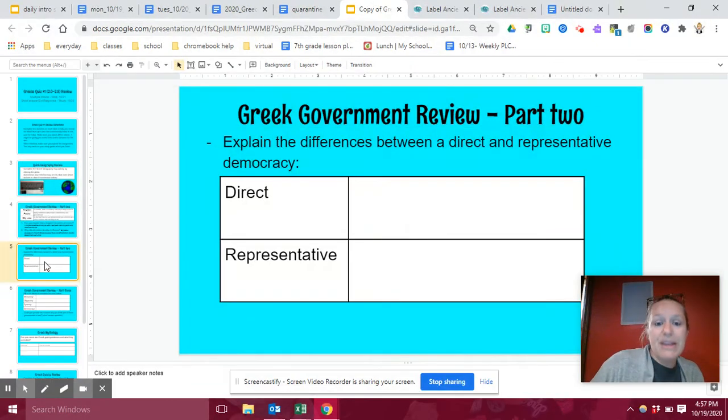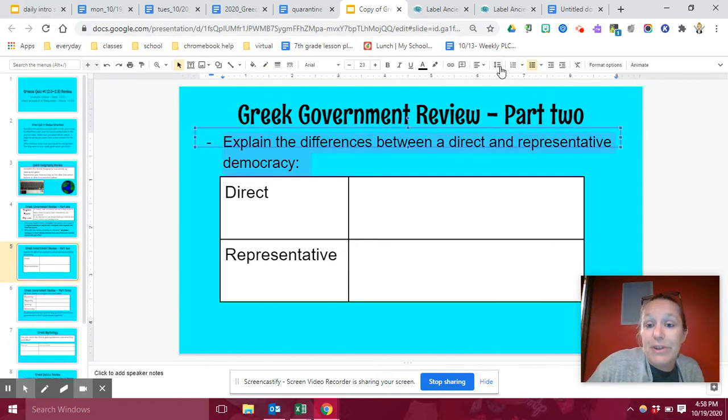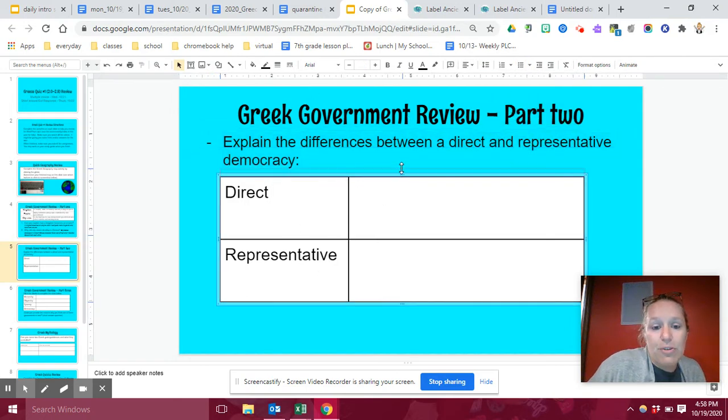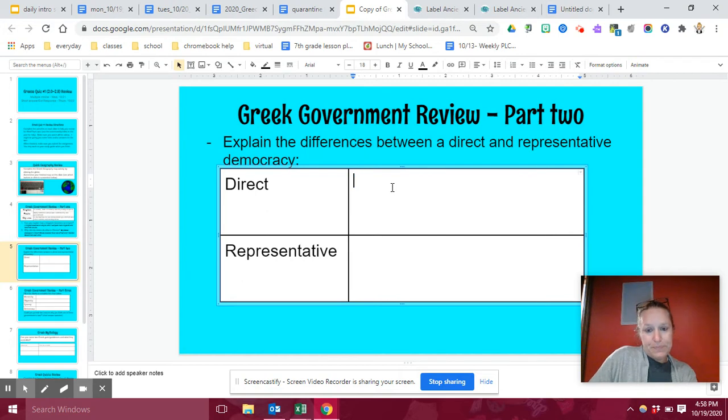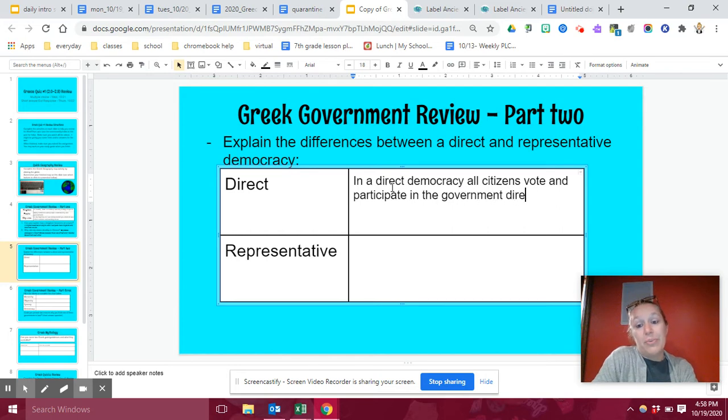Part 2 is the differences between a representative and direct democracy. So we just want the differences here. In a direct democracy, all citizens vote and participate in the government directly.